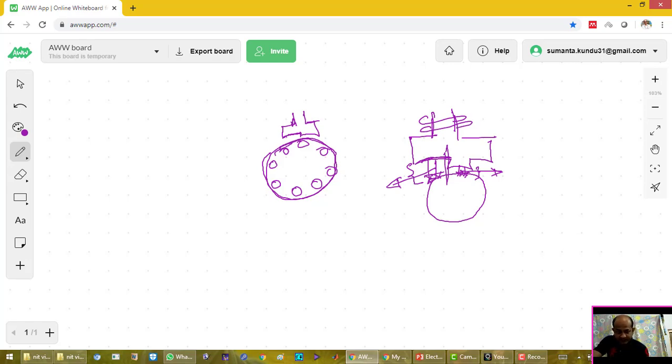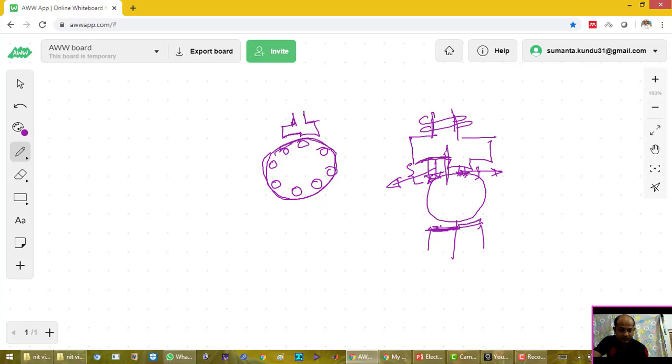Below, a similar construction is there, a salient pole structure with two parts, one part with a higher air gap and another part with a lower air gap.